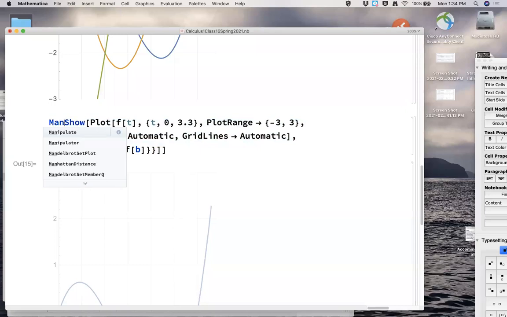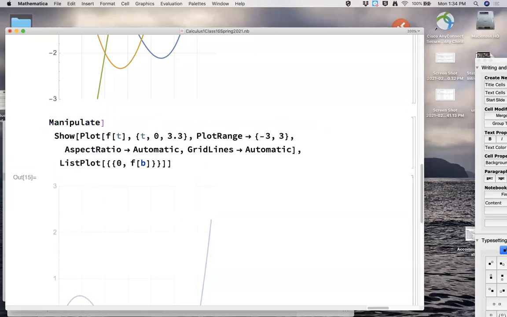I'm going to type Manipulate with a capital M. Square bracket there and ending square bracket here. I see a little red up arrow telling me I want something in there. I need a comma there first though. So what I just typed is all this part, what I typed first. That is all inside the Manipulate. And the b is going to be the value of time essentially. Maybe I should call it capital T. Change the b to a capital T.